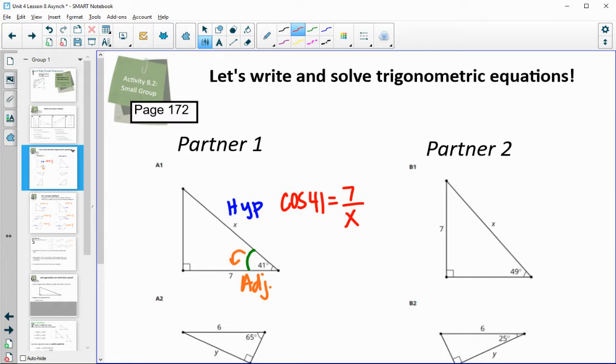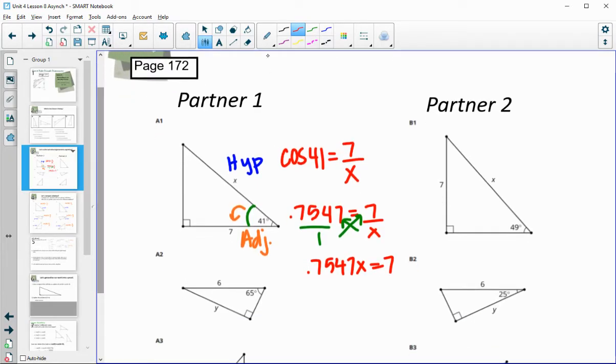Cosine of 41 is 0.7547 equals 7 over x. Then you can make it into a proportion and cross multiply. So you would get 0.7547x equals 7.